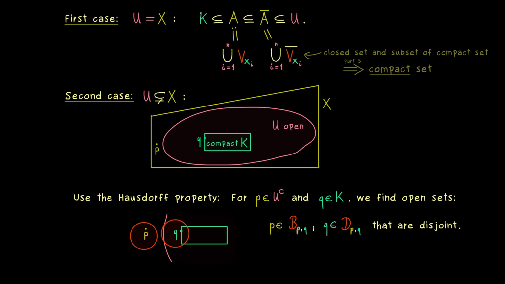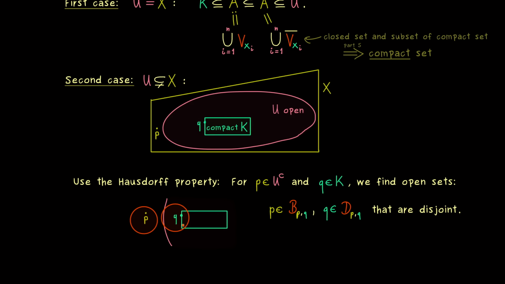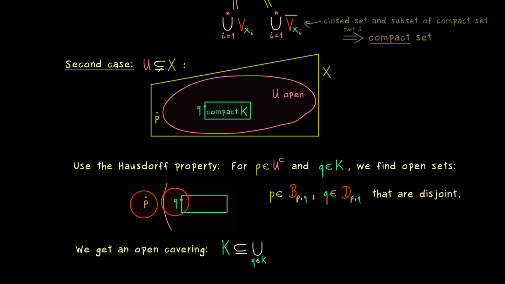And now this whole construction of the open sets helps us again, because we get an open cover of the compact set K again. Indeed, we can just go through all the points Q of K and take the sets D_PQ. So clearly we cover our compact set with open sets, and then we know we have a finite subcover.